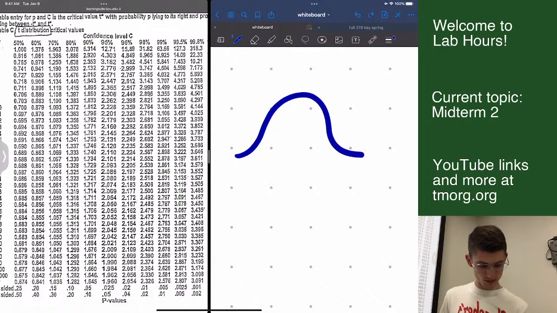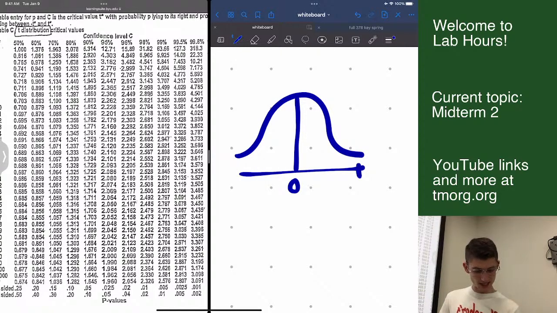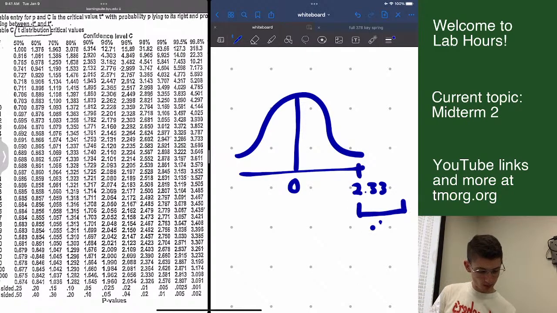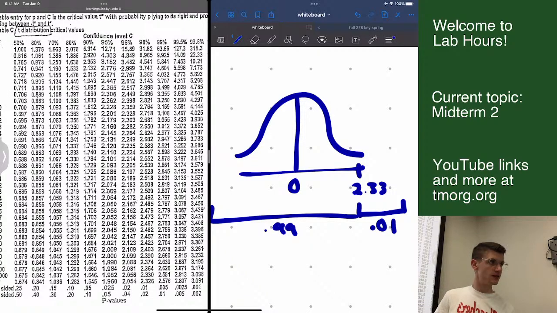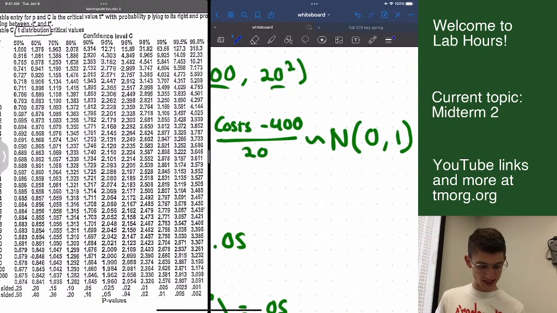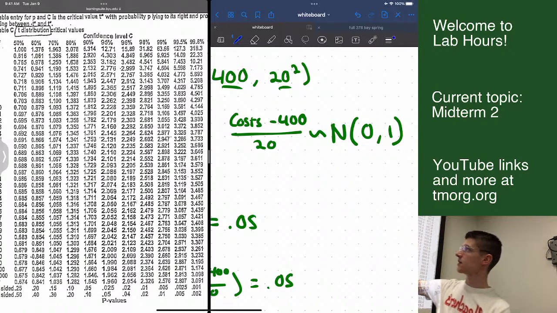If I have a t distribution, there's 0, and I set t equal to 2.33, 0.01 to the right. That will give me 0.01 to the right, 0.99 to the left. Yeehaw. I'm done.